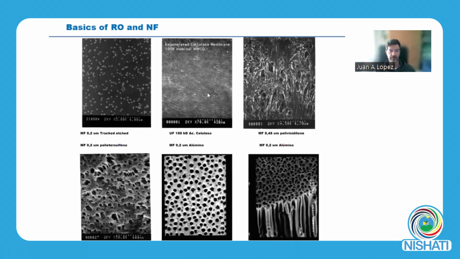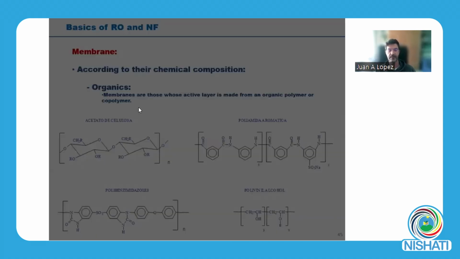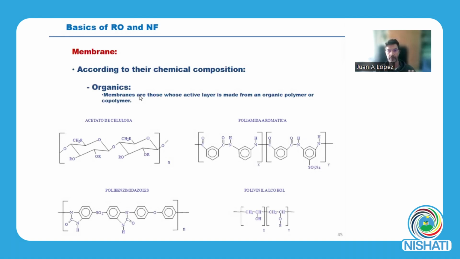Well, the membranes. These are porous membranes for microfiltration and ultrafiltration. You can see the pores. But remember, nanofiltration and reverse osmosis have no pores, according to the classification.